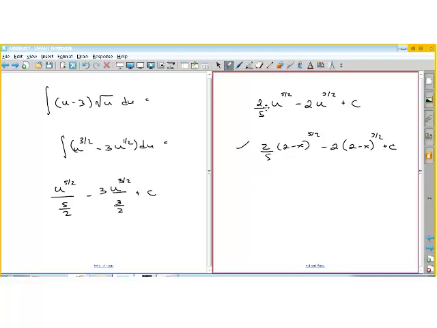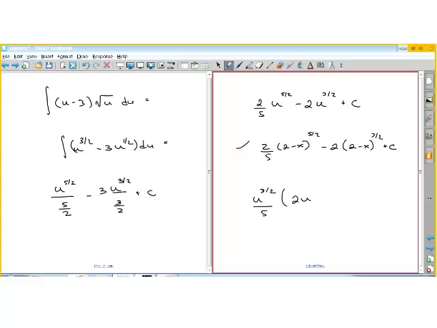Okay, up here, if we factored out u to the 3 halves and also 1/5, what that would leave is 2u. Okay, 3 halves minus... 5 halves minus 3 halves is 1. So you'd have u to the first power. And the 5, so to factor out of 5 means multiply everything by 5 and then doing that.